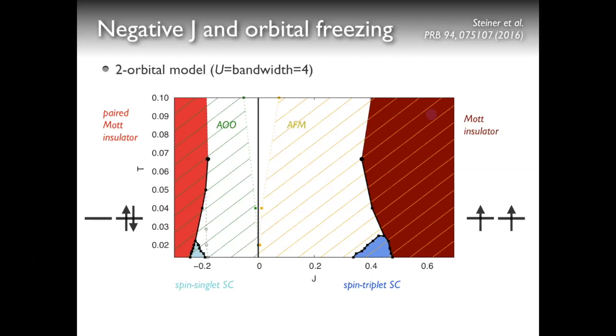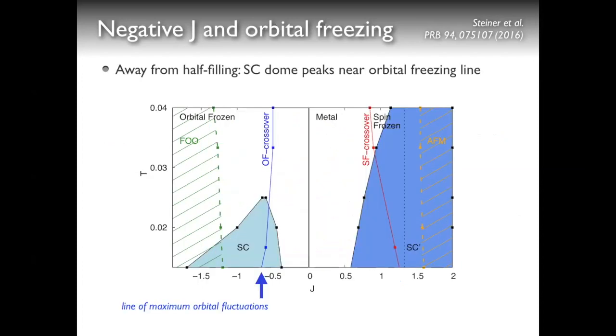Now here at half filling, these Mott insulating phases are very stable, and therefore the superconducting domes are cut off as a function of J. But if we dope this system, if we go away from half filling, then we can nicely reveal, for example, the superconducting dome on the negative J side. And the interesting fact is that this dome also is peaked in a crossover region, which in this case is the orbital freezing crossover.